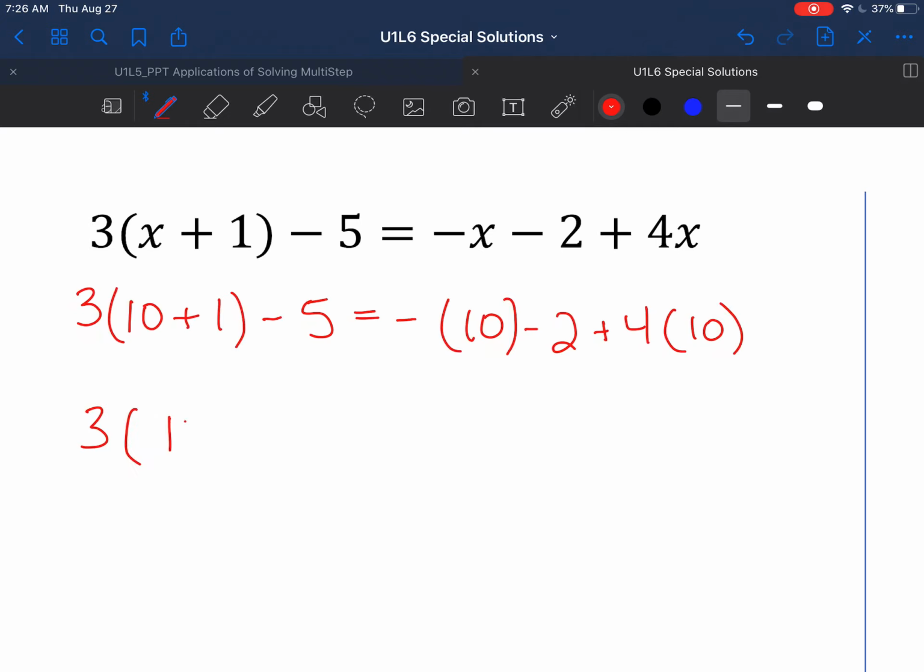this is going to be 3 times 11 minus 5 equals negative 10 minus 2, and then 4 times 10 gives us 40. We keep going. 3 times 11 is 33.